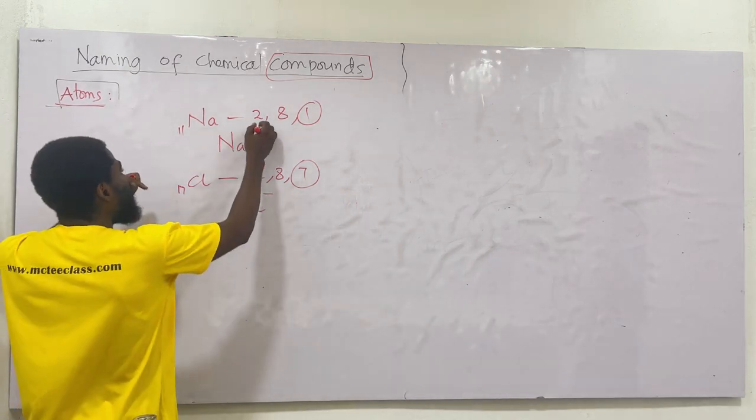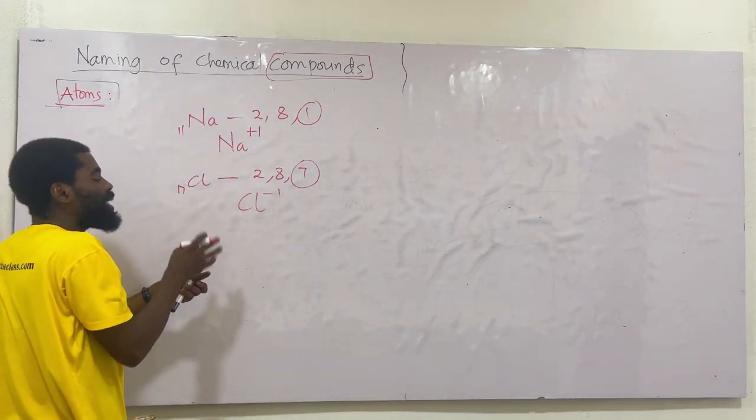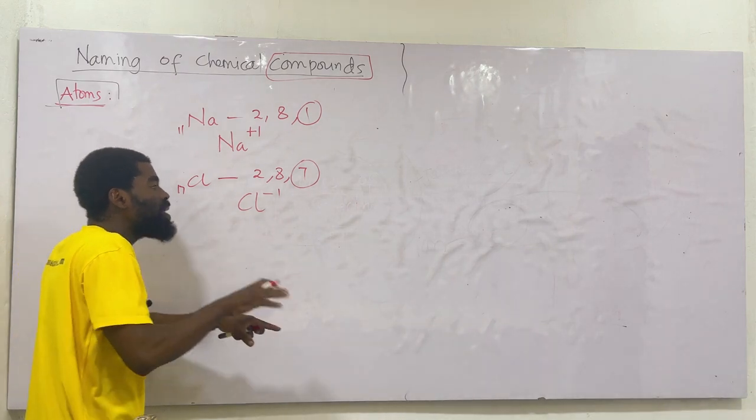Now we want to combine this. Do you remember this guy has 1 and that guy has 1? I said a compound is the substance formed from the chemical combination.